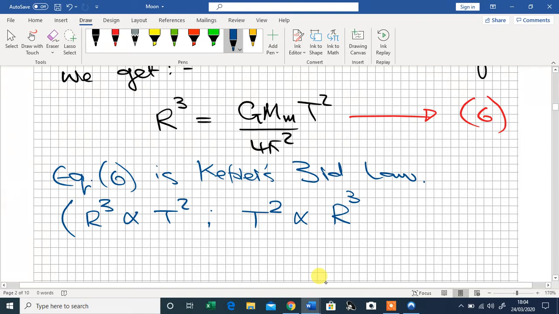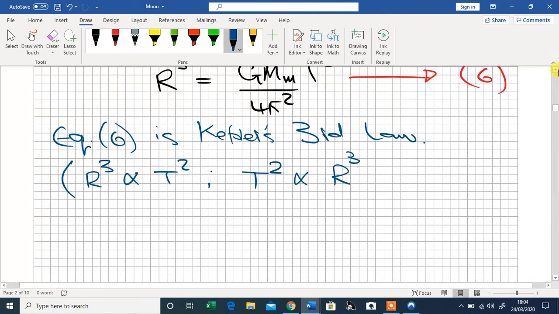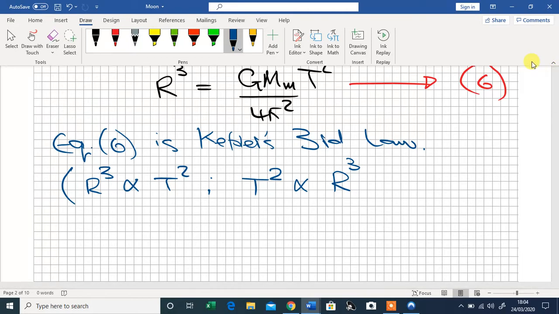And what you will also find is that, because you don't generally want a proportionality sign in here, you often get these written as r cubed equals k1 t squared, and t squared equals k2 r cubed.